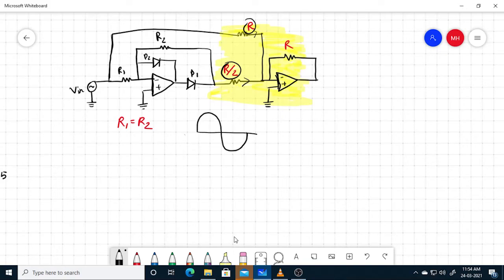For the positive input, here at node N we'll get 0 voltage, right? Obviously 0 voltage, so Vn becomes 0, and through this R we'll get the positive input.